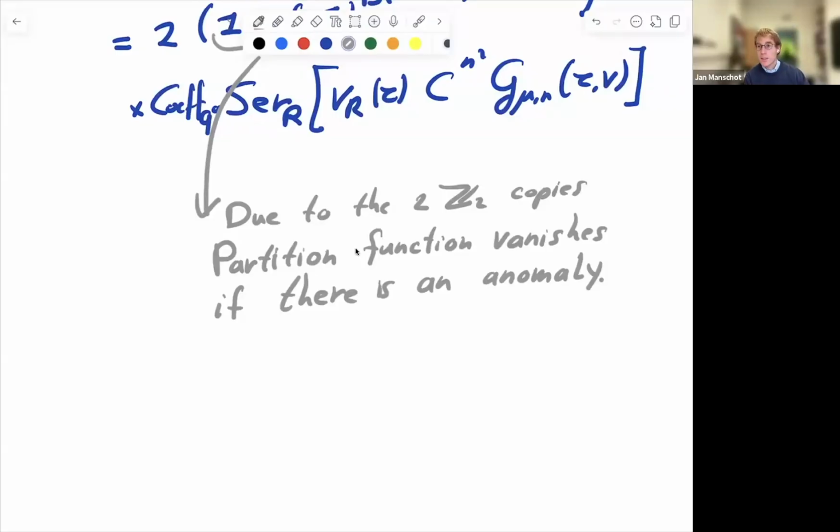Okay, any questions? And this is a bit similar to the paper on the Z2 anomaly by Witten in 82.